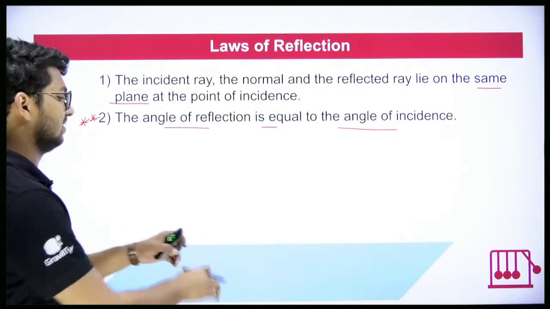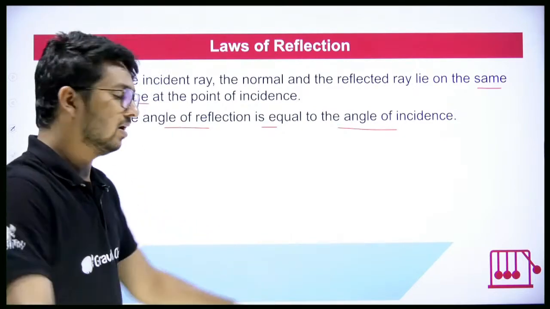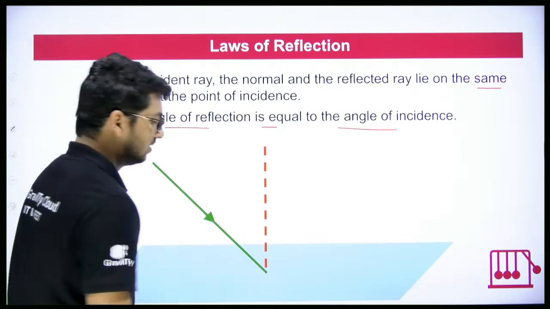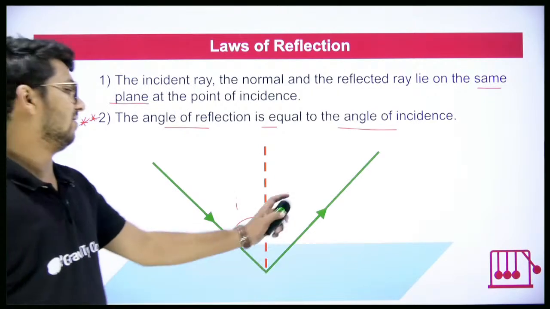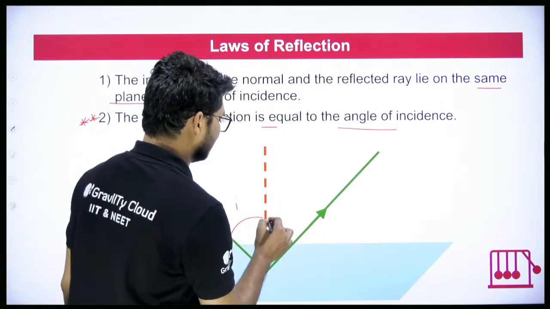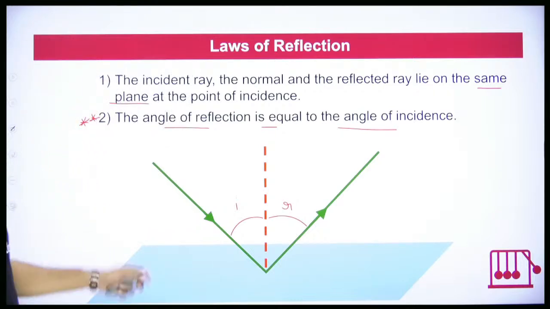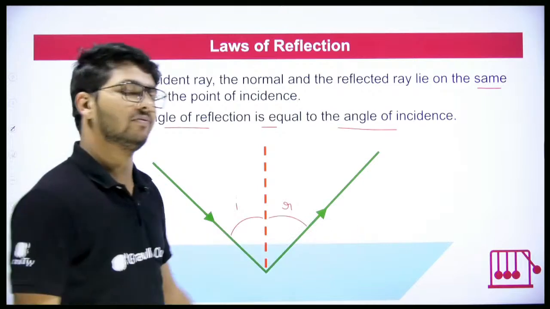Look at this. Let's say this is a table. It's a surface. So imagine a table. On that table, light is incident. That is the incident ray. This is the normal. So this angle is angle of incidence. That is a reflected ray. Right. So this angle is what? Angle of reflection. If I look at this, what is given? Angle of reflection is equal to angle of incidence.